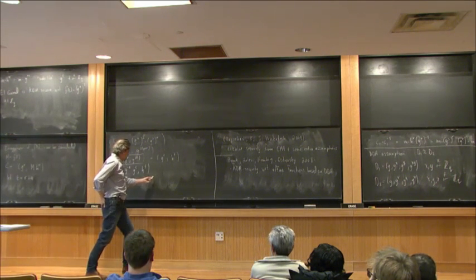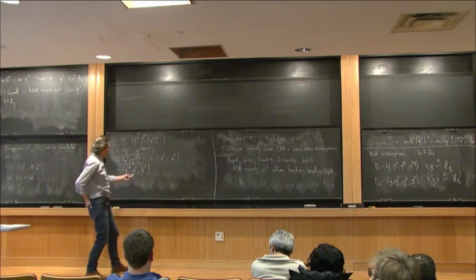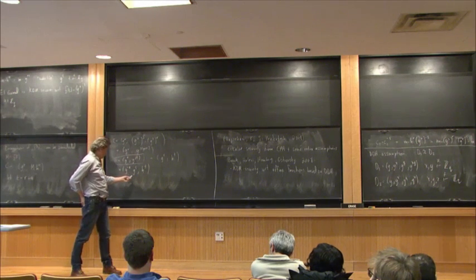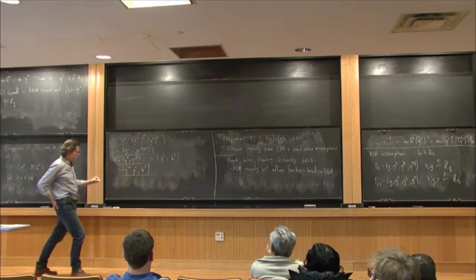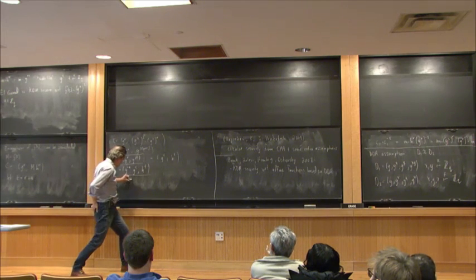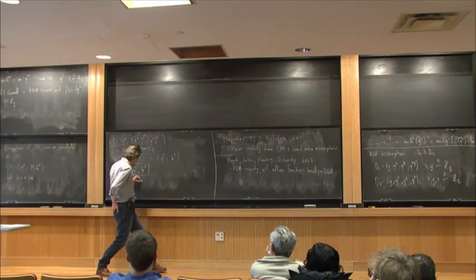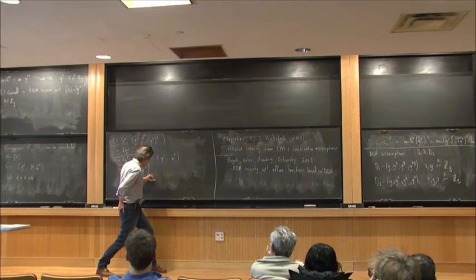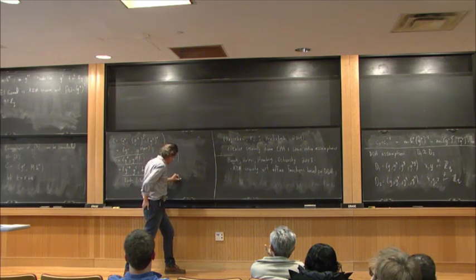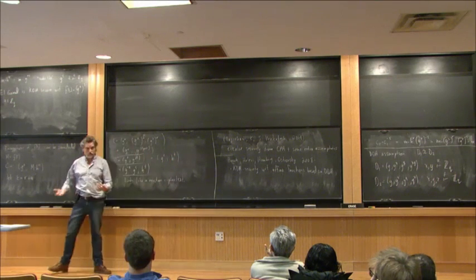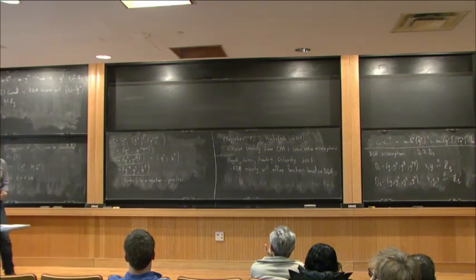But by the DDH assumption, it's going to have the same distribution as the encryption of a random ciphertext.